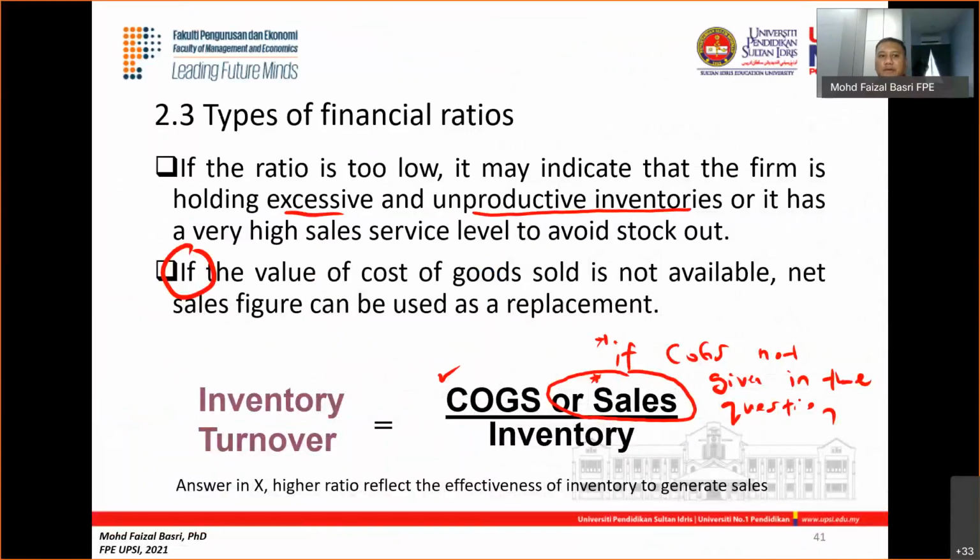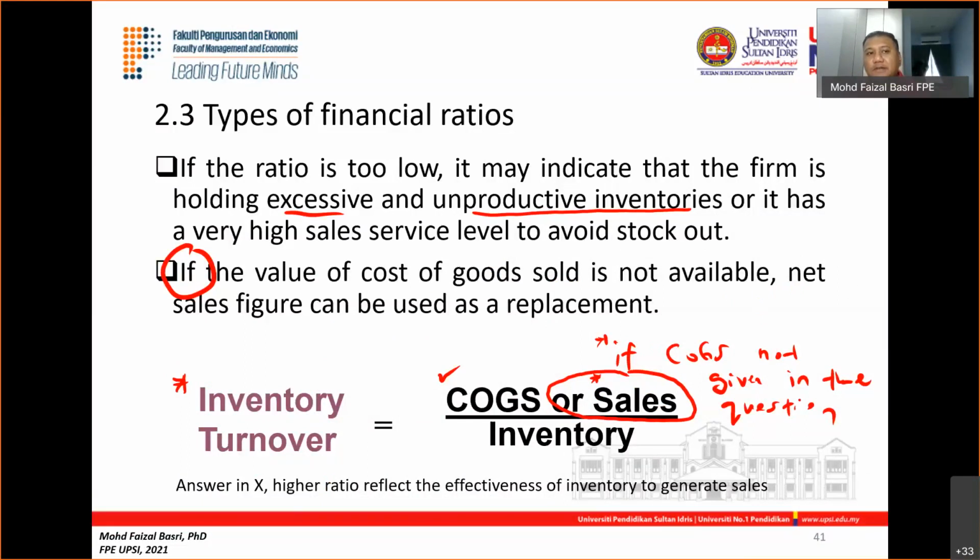So that's our third ratio. For inventory turnover, I put a star or asterisk here, indicating that this is the only turnover ratio that we use cost of goods sold instead of sales, even though alternatively you can use sales if COGS is not given. But as I said, for sure COGS will be given in the question, so please use cost of goods sold.